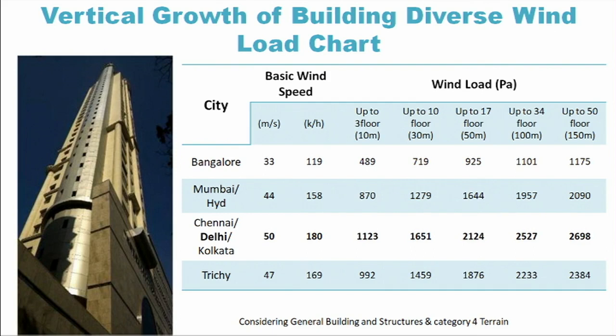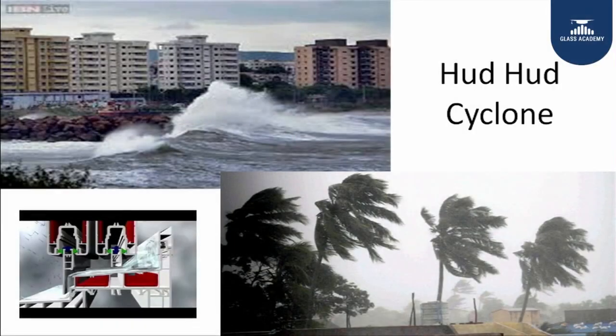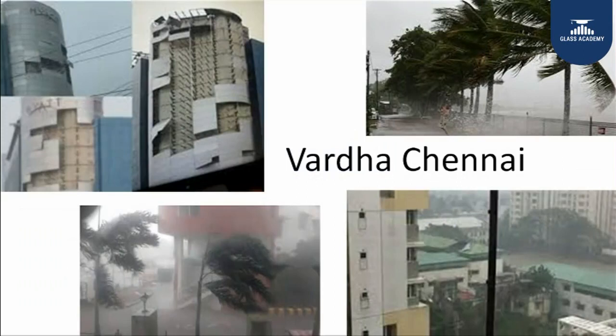This is the first parameter we need to understand: all windows which we design need to pass the wind load. These are some of the examples which I would like to show you. For example, we had the Hudhud cyclone and the Vardah cyclone. You could have seen some of those viral videos where the facades were dismantled by the high wind speeds and were flying in the air.